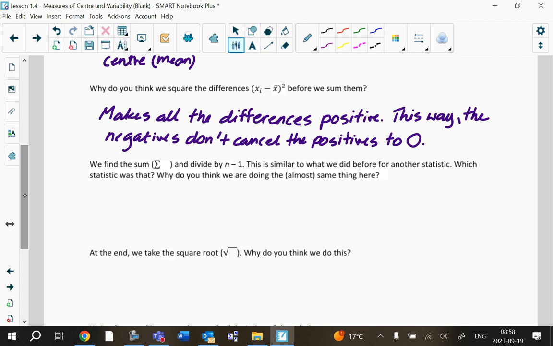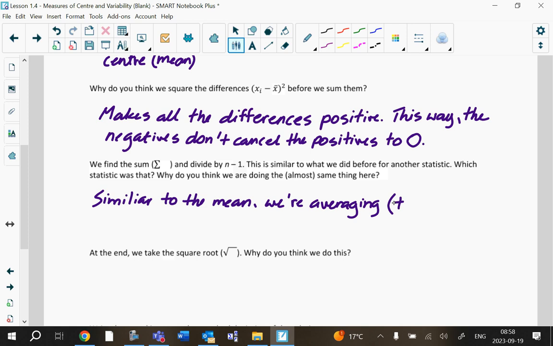So similar to the mean, we're averaging, or finding the typical value of all the values in the data set.